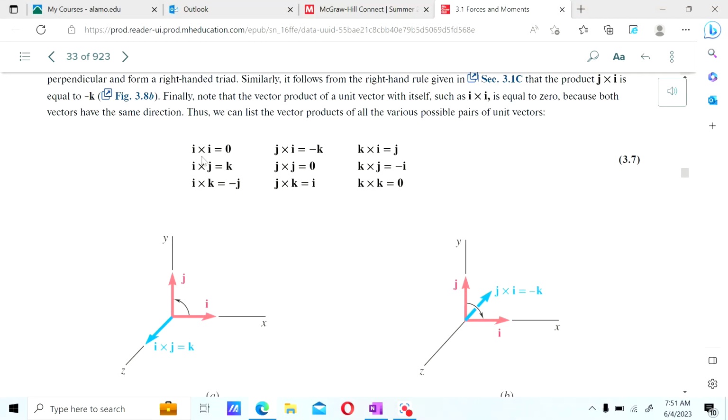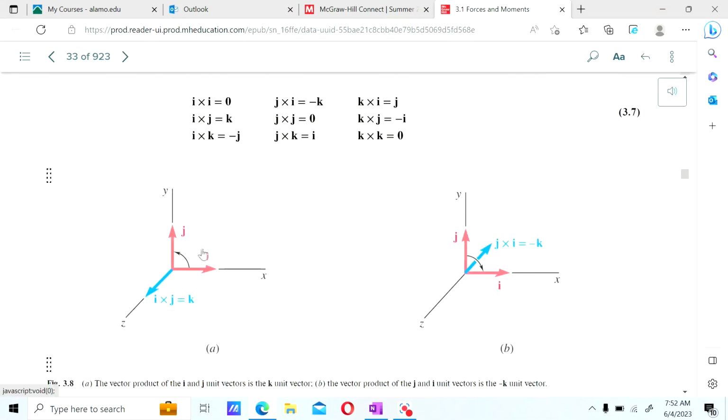I cross product I equals 0. Okay, I cross product J equals K. That's why I was telling you that you cancel out columns, and that is because this is very useful. I cross J gives you the direction in K. But I cross I is basically the sine of 0, which is 0.